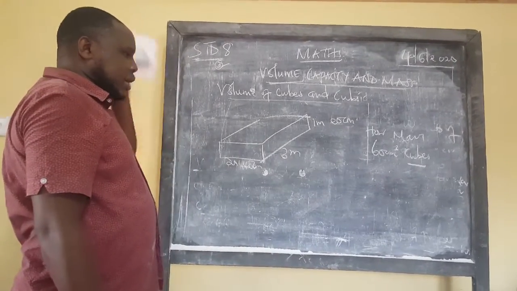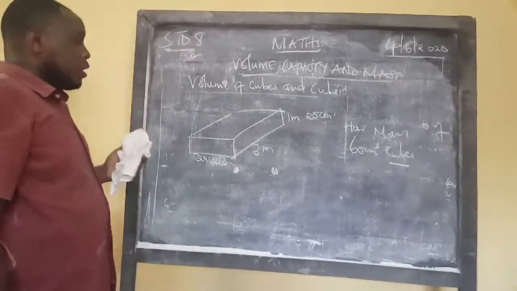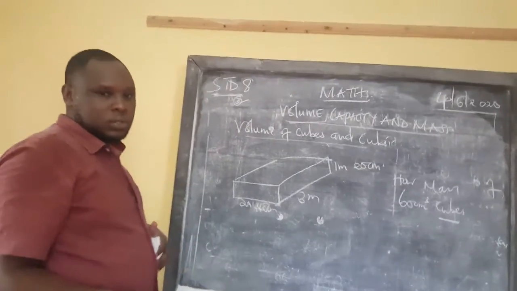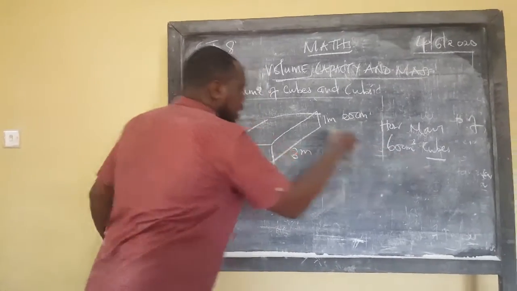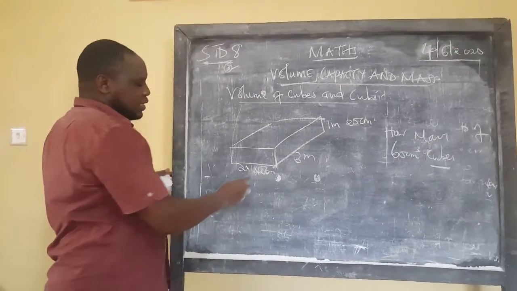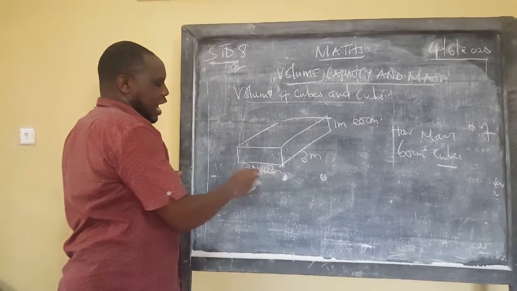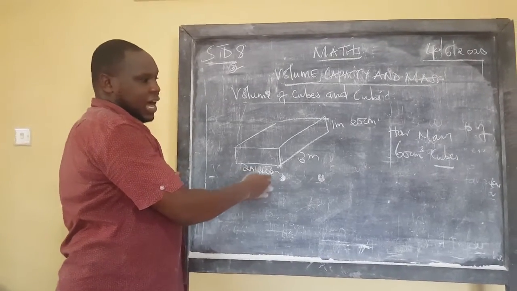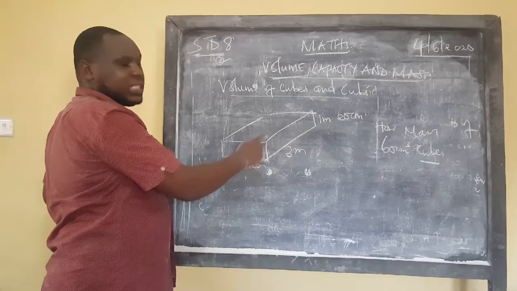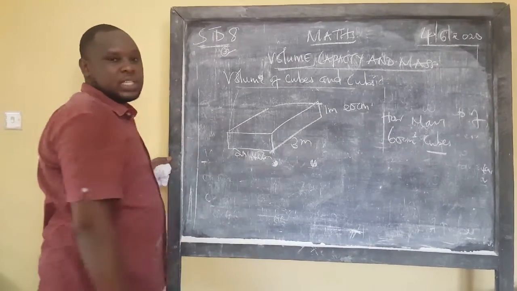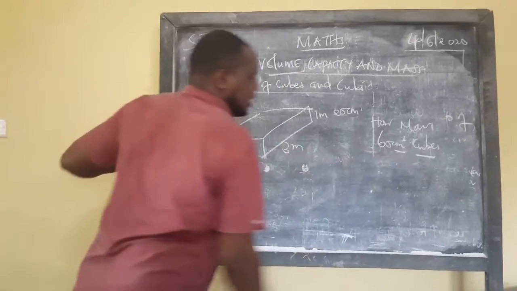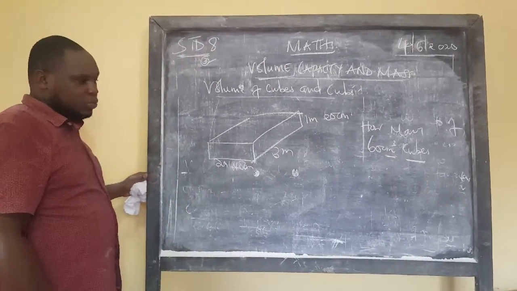Now in that case, remember what we call volume. Volume is the amount of space occupied by a substance, the amount of space. So how many of these will get into this box? You can see our measurements here are in meters and centimeters. And what's supposed to enter here is in terms of centimeters cubed, meaning that we have to change all these into centimeters so that they appear in the same unit as the cubes to enter here.